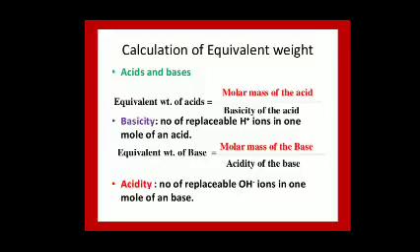Magnesium hydroxide replaces 2 OH minus ions from 1 mole of magnesium hydroxide, so the acidity is 2. Gram molecular weight of magnesium hydroxide: magnesium 24, oxygen 32, hydrogen 2, total 58. 58 by 2 is equal to 29. Equivalent weight of magnesium hydroxide is 29. Equivalent weight of sodium hydroxide is 40.